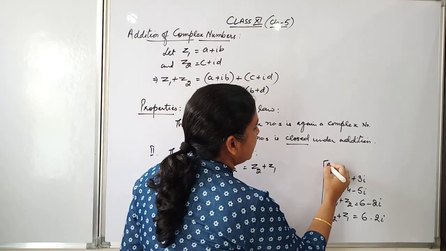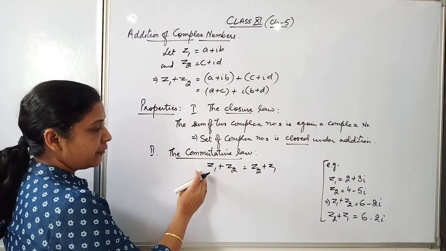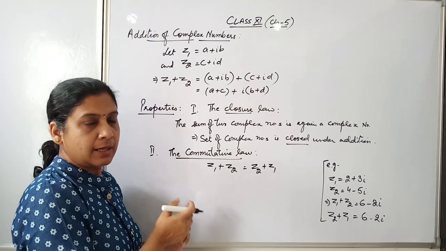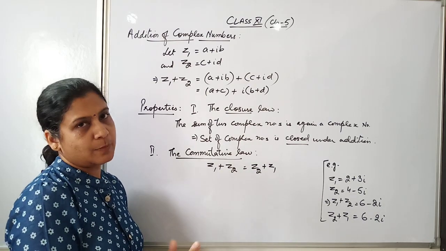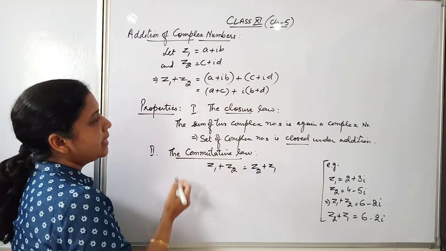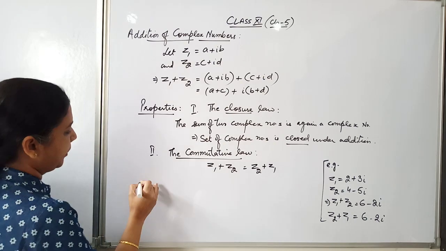You can term it as an example for verification. Therefore, the two complex numbers have commuted while addition. They have no problem in interchanging their spaces. It means the commutative law holds in the addition of two complex numbers.